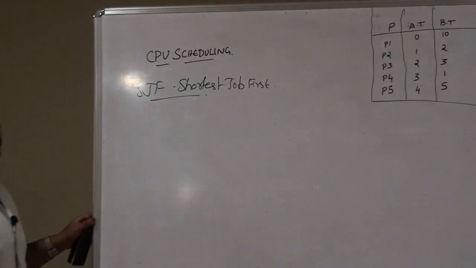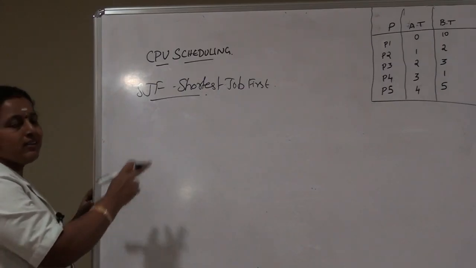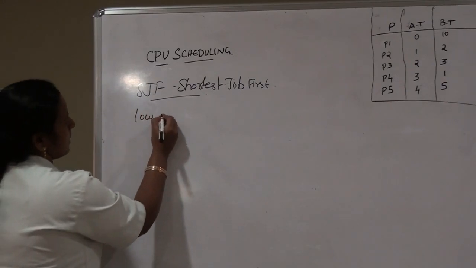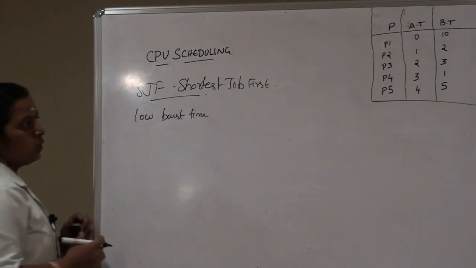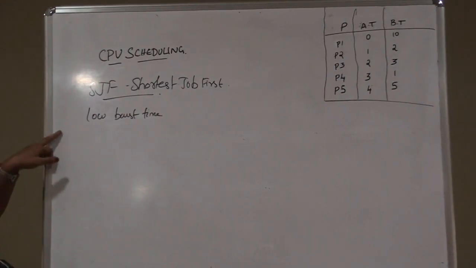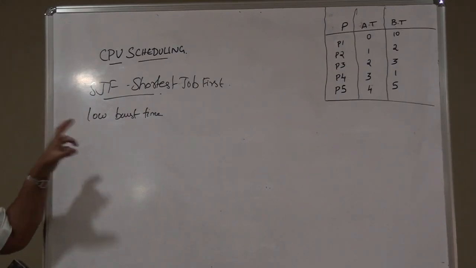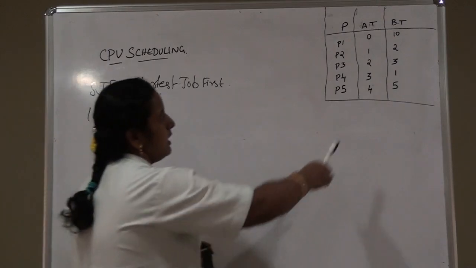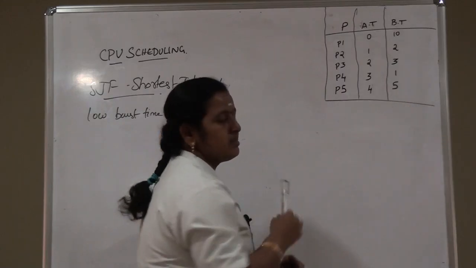Next is the shortest job first algorithm. Here in shortest job first, the process which has the lowest burst time is taken and scheduled first. Comparing FCFS and SJF, in FCFS, suppose a process has more burst time, for example P1 has 10 and the other processes have less than that.